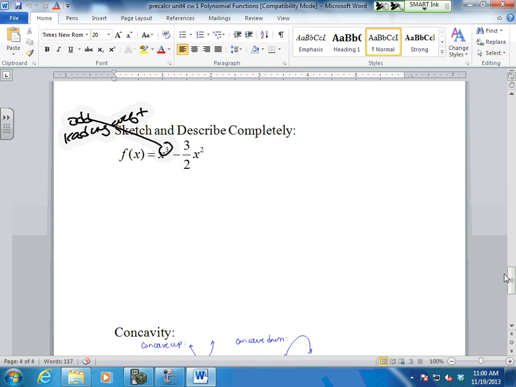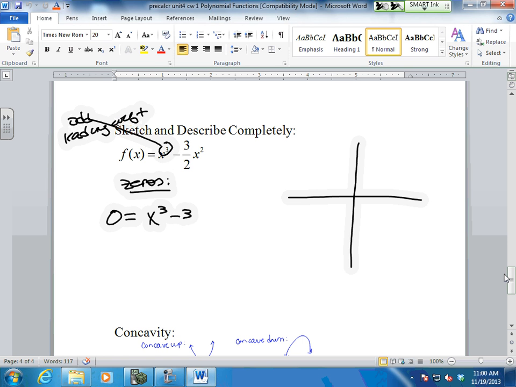All right, so let's find your zeros. Where do I find my zeros again? On where? On the x-axis. How many zeros should I have? 3. So let's set this equal to 0. What can I factor out? X squared, and what's left? x minus 3 over 2.